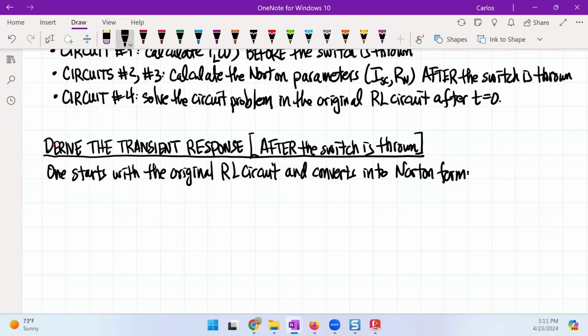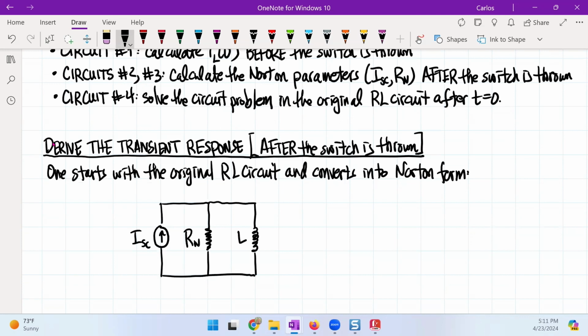I'm not going to go through the details as we did before, but if you convert it into Norton form, then I have a current source with I short circuit, I have my Norton resistance, and then I have my inductor in parallel. And our goal is this current I of t.